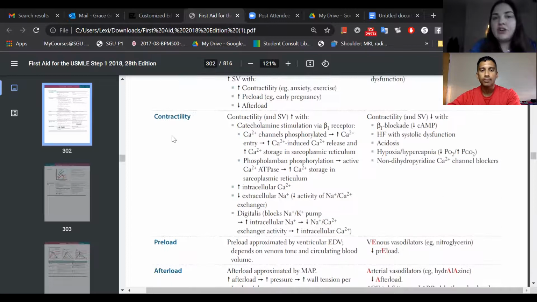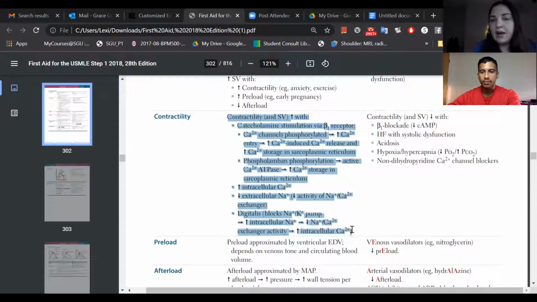Okay. Contractility has a huge explanation here, which has nothing to do with what contractility is. This is talking about how skeletal muscle works. You remember for MSK, you had that cartoon of how skeletal muscle slides, and you have your H zone and all. Cardiac muscle doesn't really work that way. This is the only explanation in your First Aid about how cardiac muscle works.